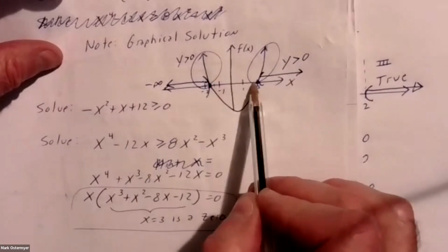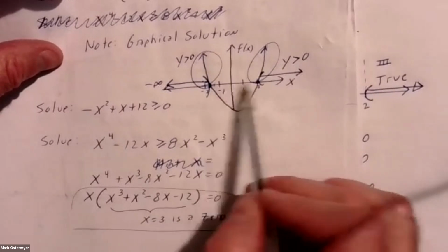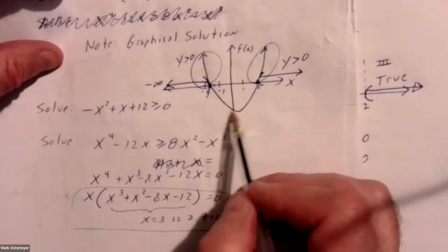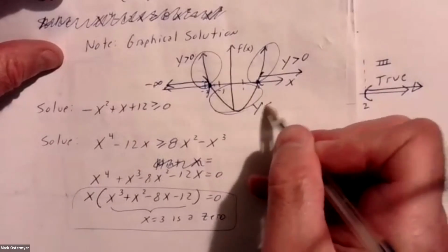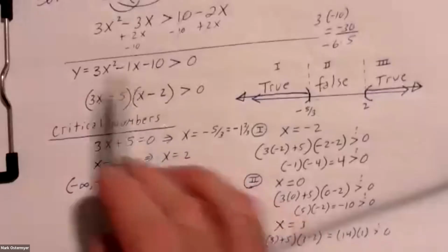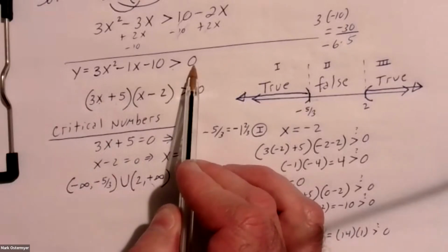There are no solutions in the interval between -5/3 and 2, because in this interval the graph is below the x-axis, which means y is less than 0. Our y had to be greater than 0. Is that making sense?